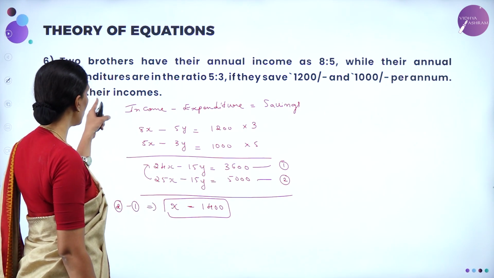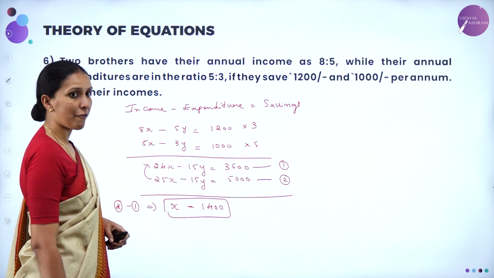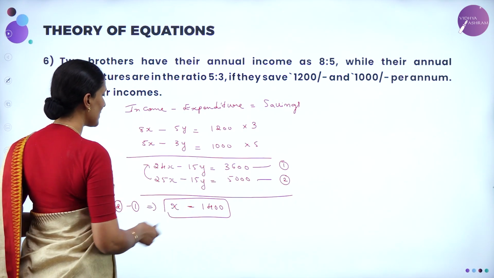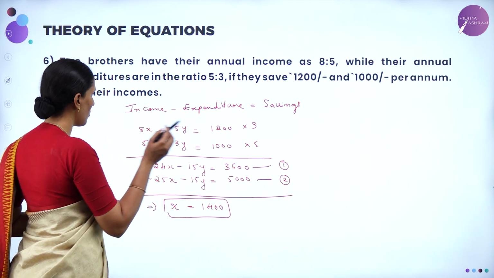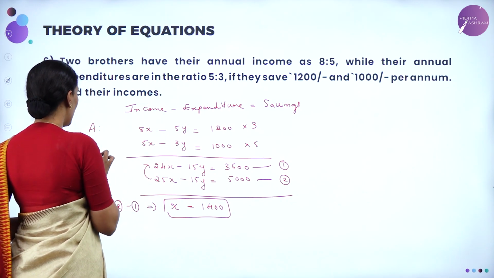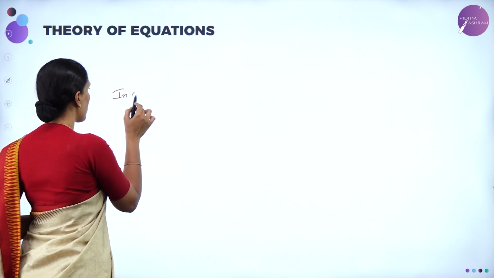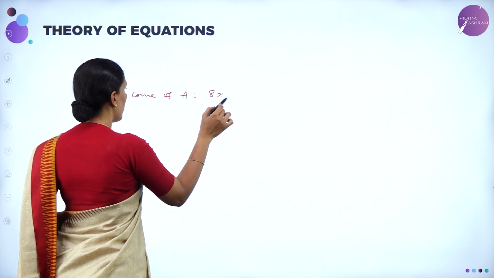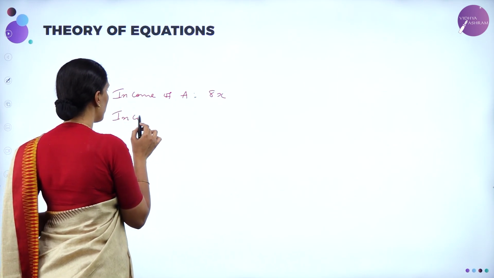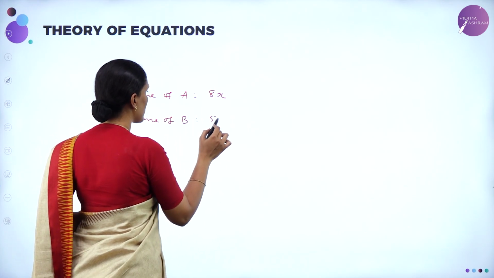Anyhow we need to find their incomes, not their expenditure. So it's fine that we have found the value of x. Now since x is equal to 1,400, let me take the two persons as A and B. So income of A is 8x, whereas income of B is 5x.